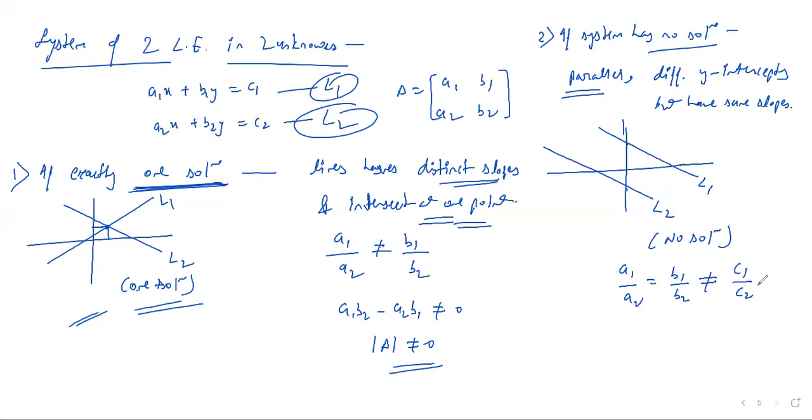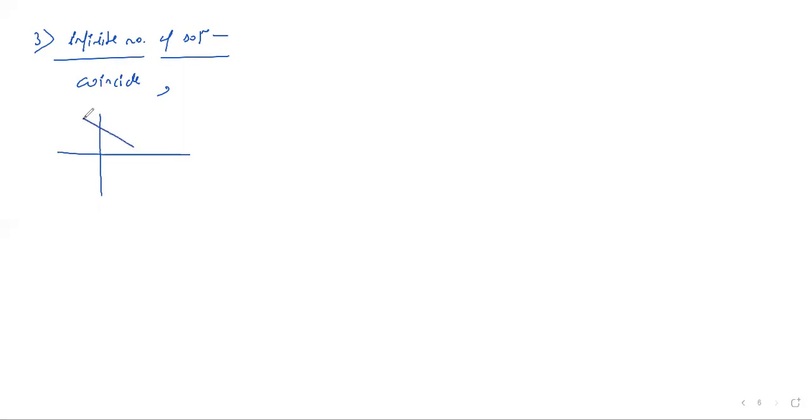Now the third possible case is that this system has an infinite number of solutions. When can a system have an infinite number of solutions? When the two lines L1 and L2 coincide. Coincide means this is my L1 and this is my L2.